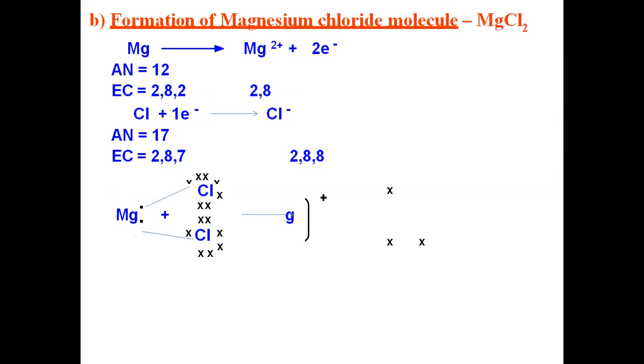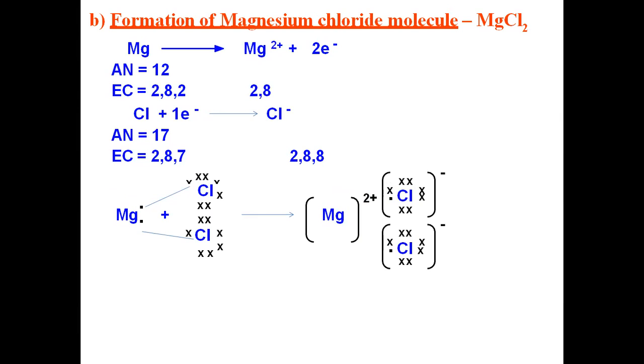Since magnesium has lost 2 electrons, it carries 2 plus, and the non-metal carries -1 charge each, because magnesium has given 1 electron to one chlorine and 1 more electron to the second chlorine atom. And because of the attraction between these, they combine with one another and give magnesium chloride.